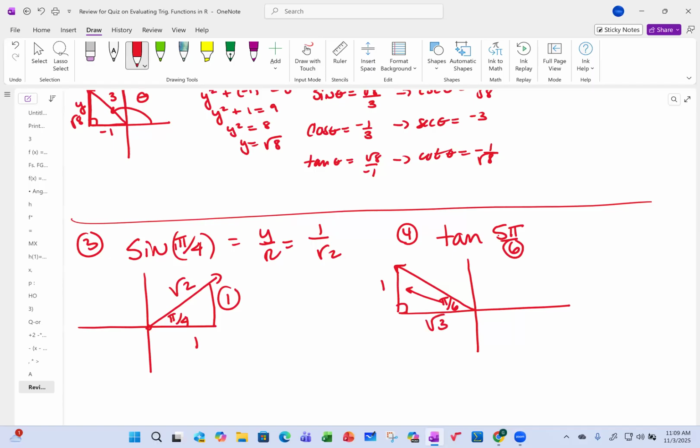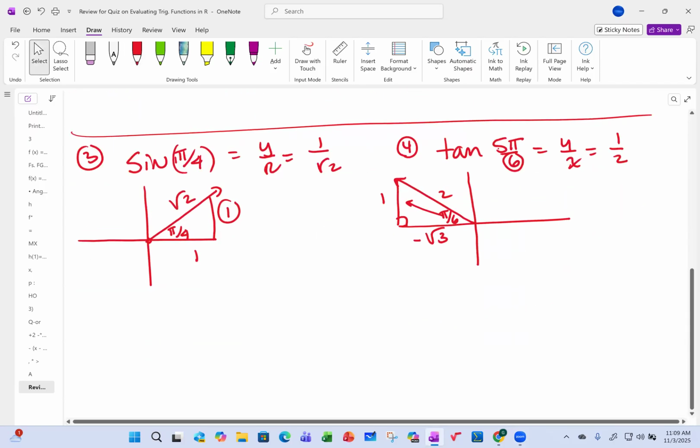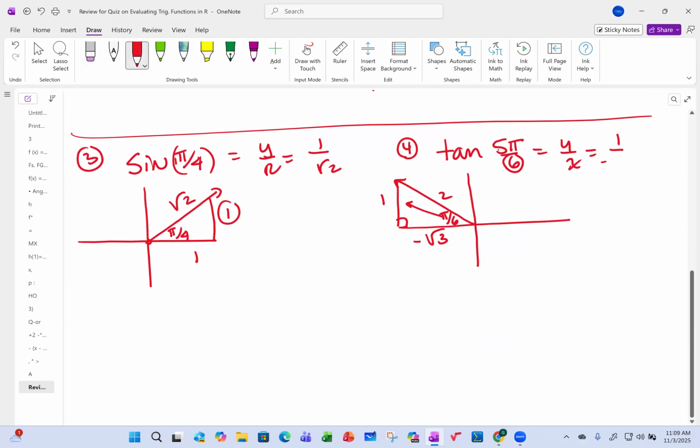The remaining sides are root 3 and 2. It's not 1, 1, root 2 because it's not pi over 4. But after I put the numbers, I have to make sure the sign here is correct. And it's the negative x-axis side, so it is. Tangent is the ratio of y to x, so it'd be 1 over... oh, no, 1 over negative root 3.